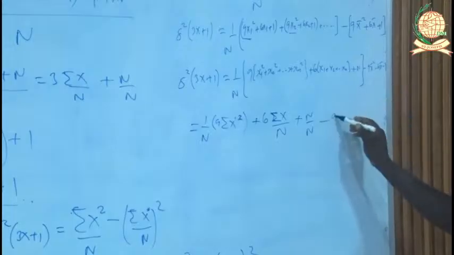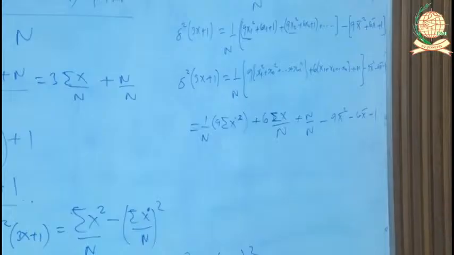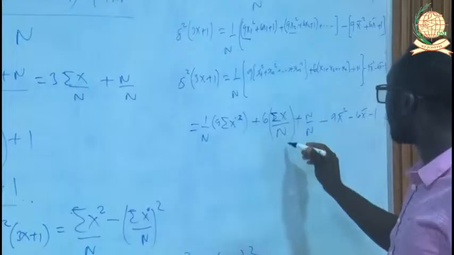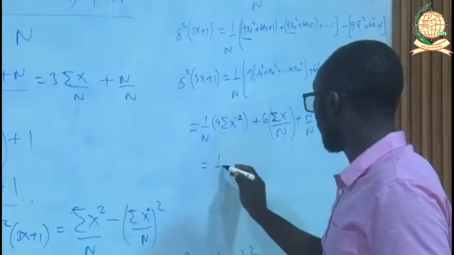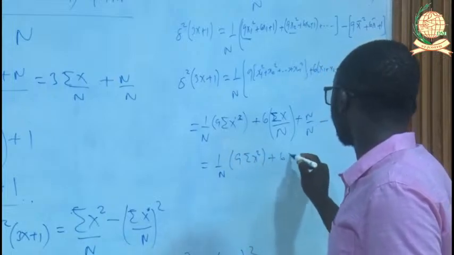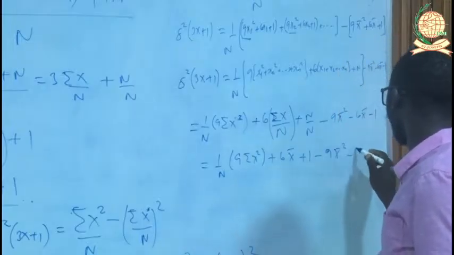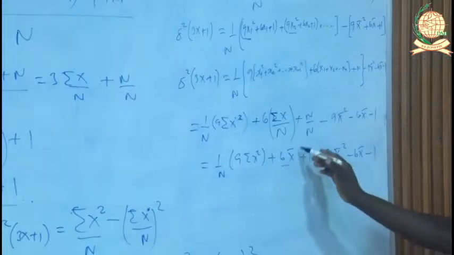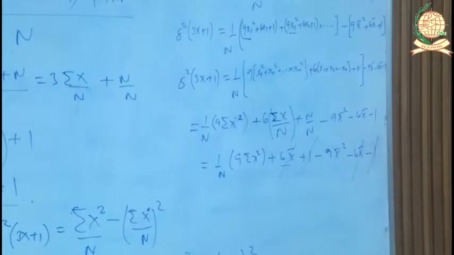Then minus the term which is 9x bar squared minus 6x bar minus 1, which is going to be, you can see this term here, it is the mean, the sum of x of a number of observations, and this is just 1. So this is equivalent to 1 over n, then 9 summation of x squared plus 6 x bar plus 1 minus 9 x bar squared minus 6x bar minus 1. So you can see I have like terms here, this one which vanishes with this one, and the one which vanishes with 1 here.